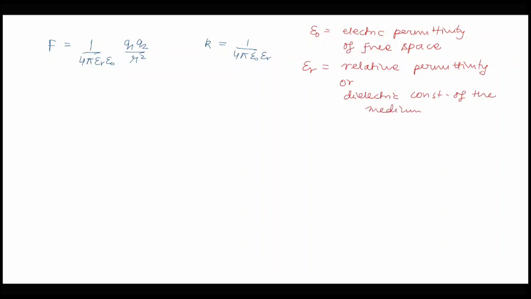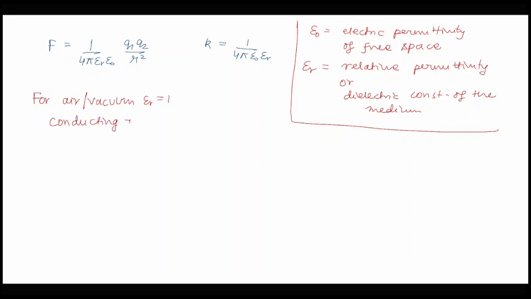So this is what these two terms imply. Now the first thing that we are going to discuss is air or vacuum. For air we are approximating, and for vacuum it is exactly equal to 1. So epsilon r is equal to 1, and for a conducting medium, the value of epsilon r is infinity.